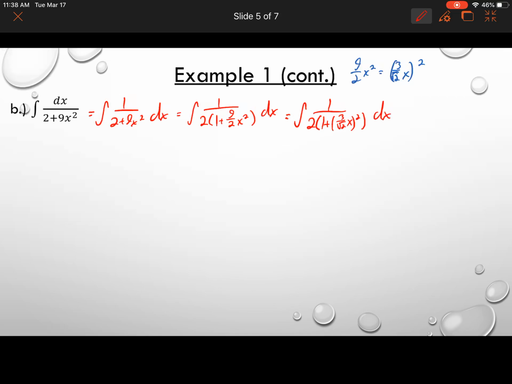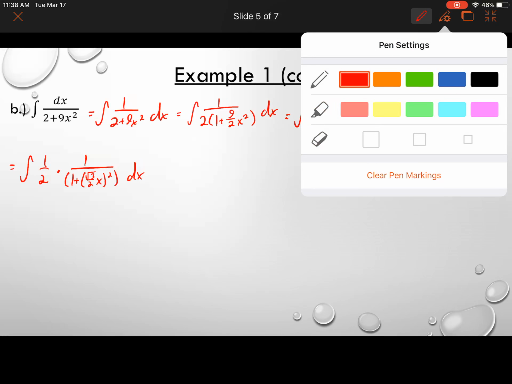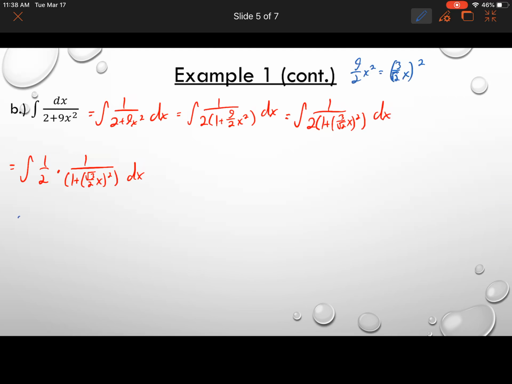Once again, we have a 1/2, so I'm going to rewrite this as radical 1/2 times 1 over quantity 1 plus radical 3 over 2 x squared dx. Now we're going to do our u substitution again. Once again, we're going to make it whatever quantity is being squared.